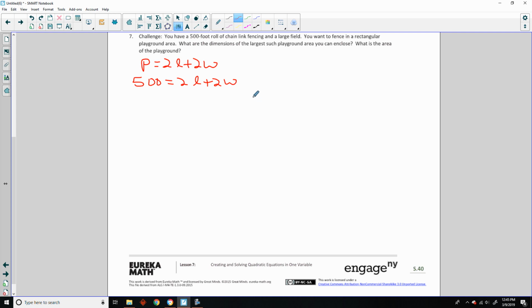If we divide everything by 2, 250 equals L plus W. And if I subtract L from both sides, 250 minus L equals W. Area equals length times width. So area equals L times W, which is 250 minus L.